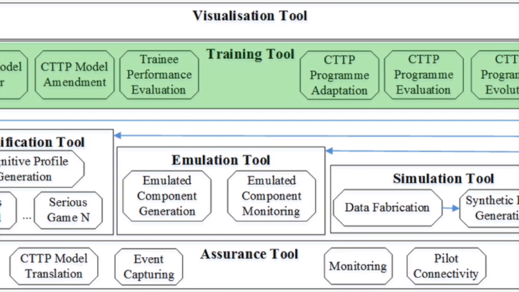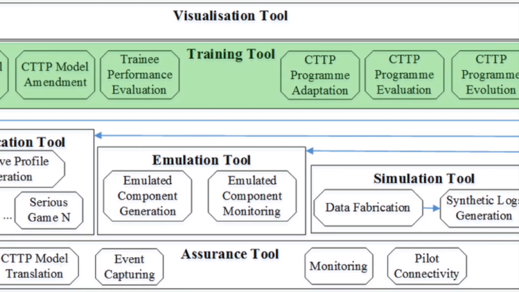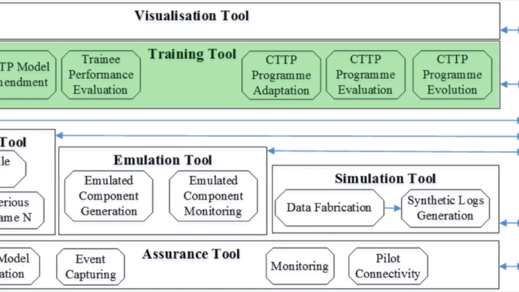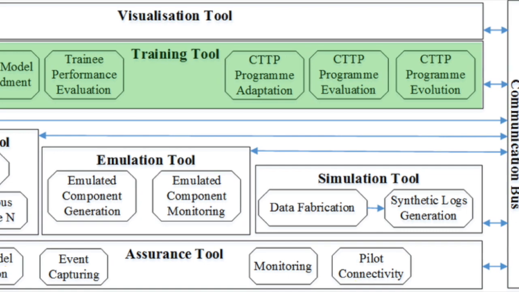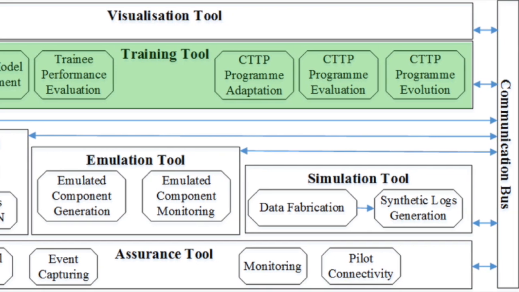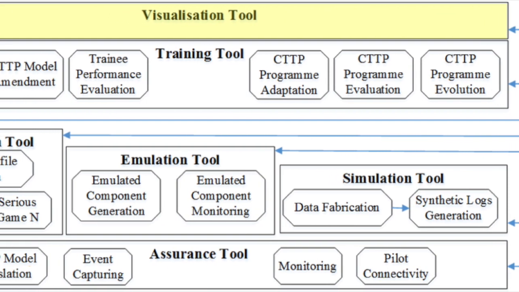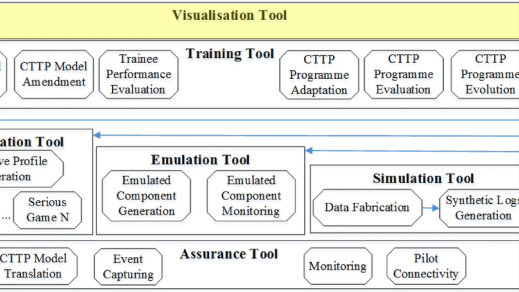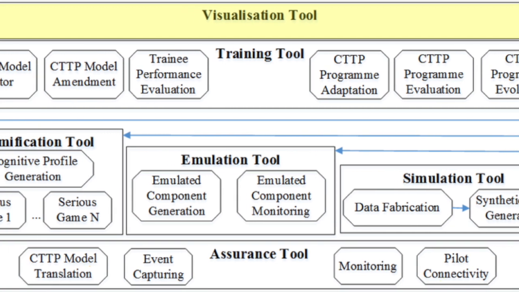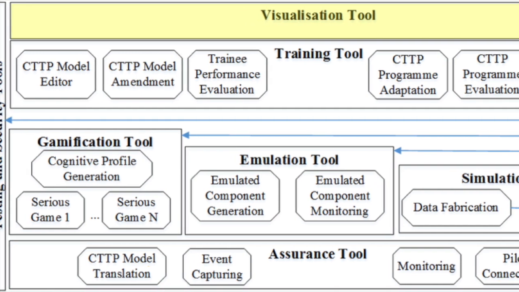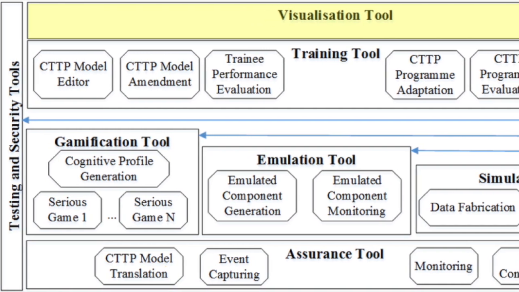It enables trainee actions in response to cyber threats, interactions with simulated and/or emulated cyber system components, trainee performance evaluation, CTTP program evaluation, and adaptation. And finally, the visualization tool enables the graphical representation of simulations and emulations, the effect of training actions on simulated and emulated systems, as well as the status of the underlying components.